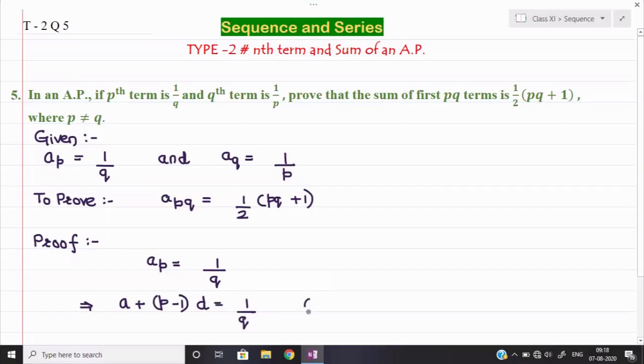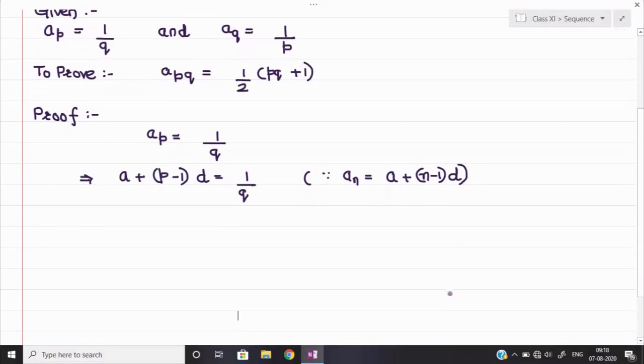We know that the value of an is equal to A plus (n minus 1) into D. So similarly, in the place of n we have P, so we have replaced it here. So A plus (P minus 1) into D is 1 upon Q. This one I am giving as equation number 1.